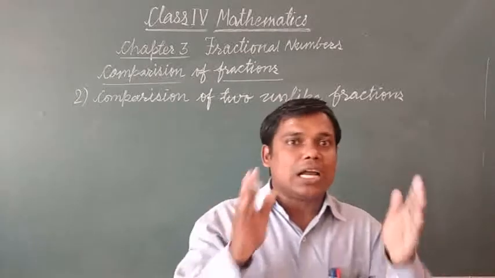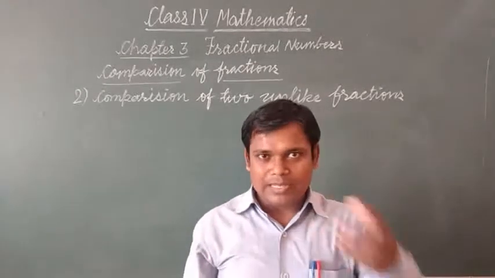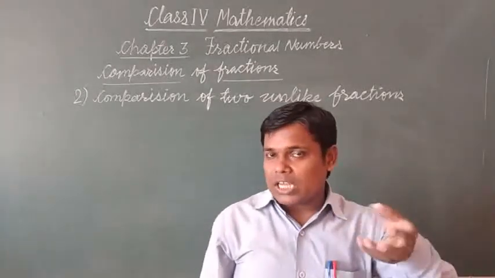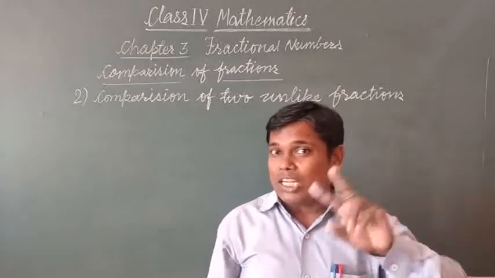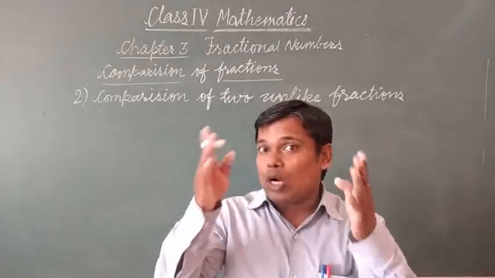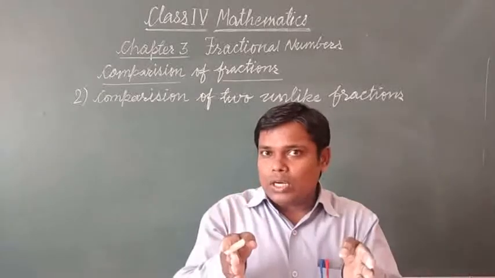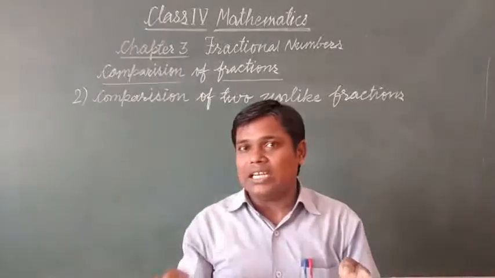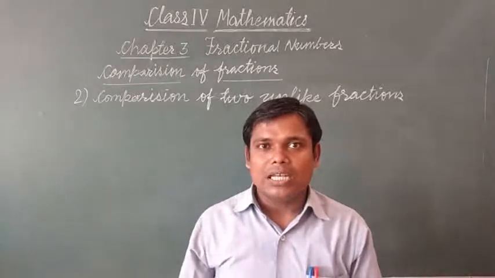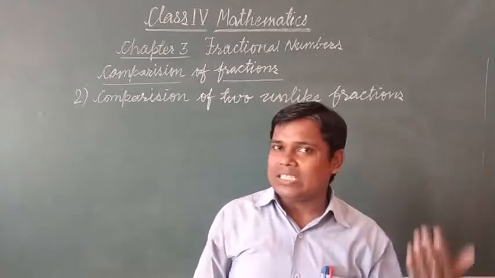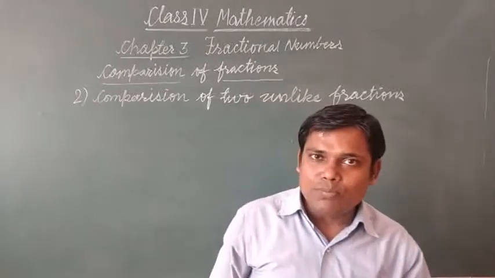If both the products are equal, as you have studied, then both are called equivalent fractions. But if not equal, the side where we get the greater product will be the greater fraction, and the side with the smaller product will be the smaller fraction.